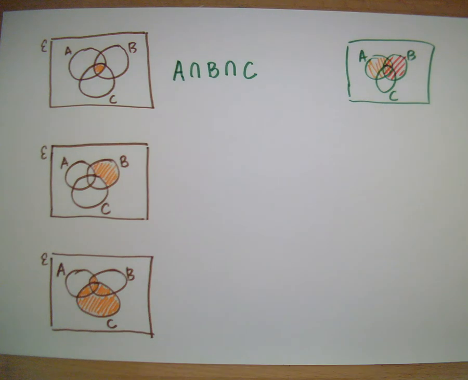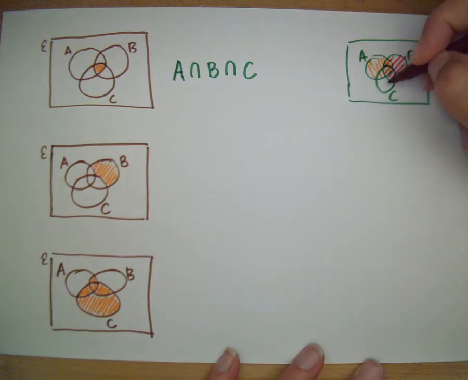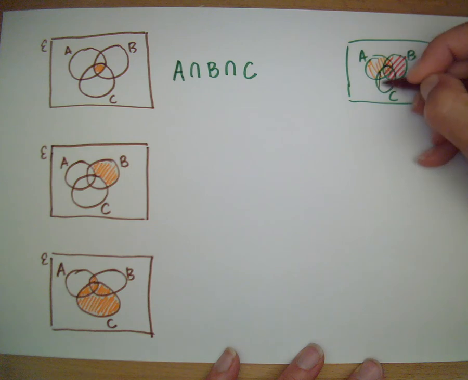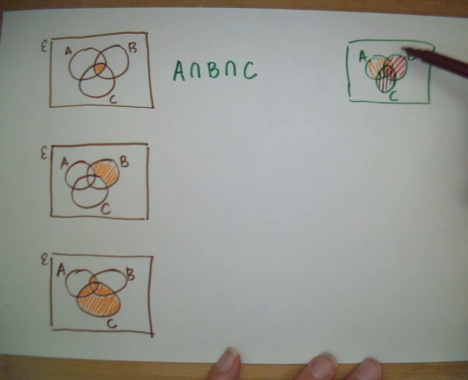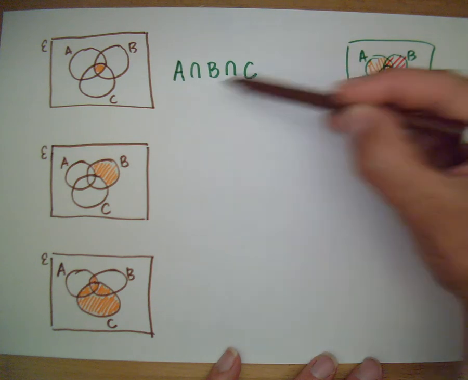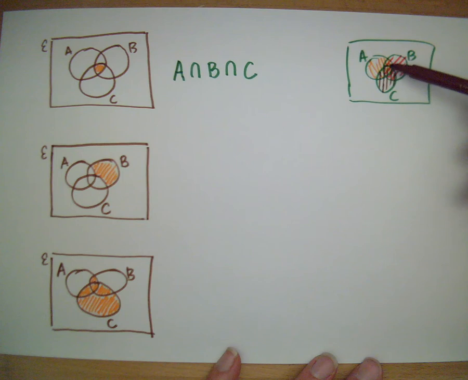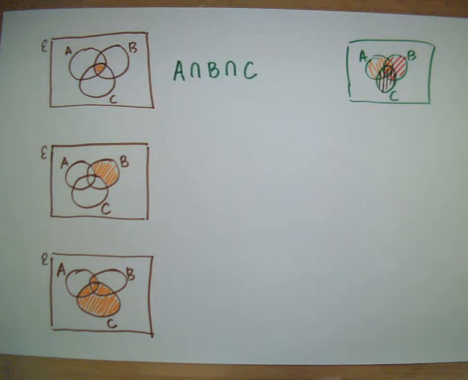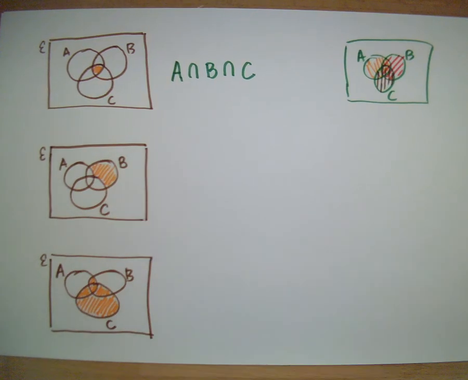And now let's use brown just this once for everything in C. And then we have intersection signs, so we ask, where do all three of these overlap? And that's only this middle piece, right? Cool. All right, the next one.